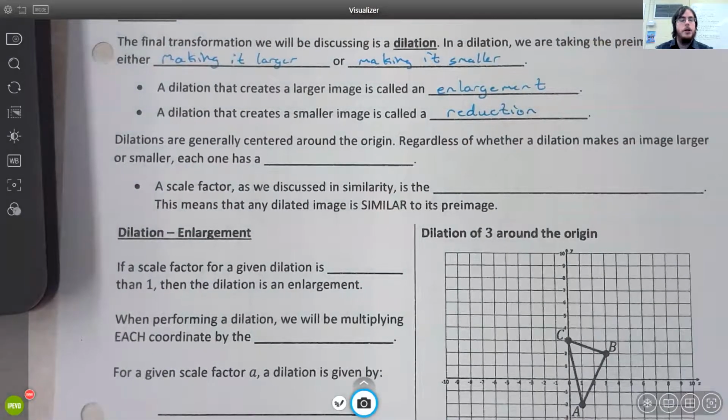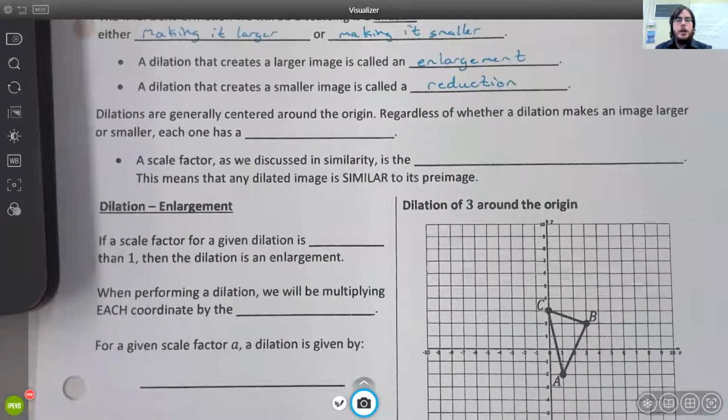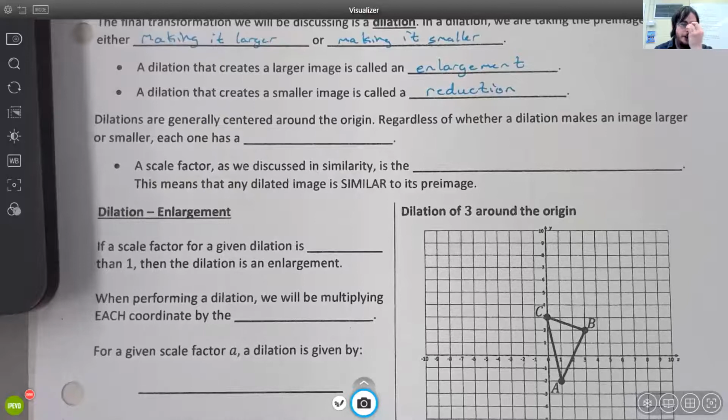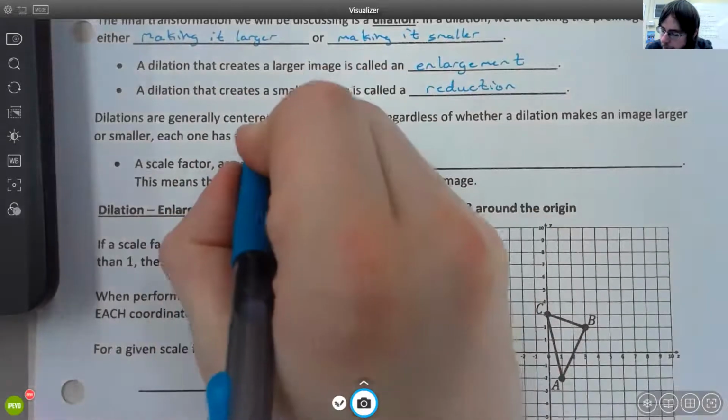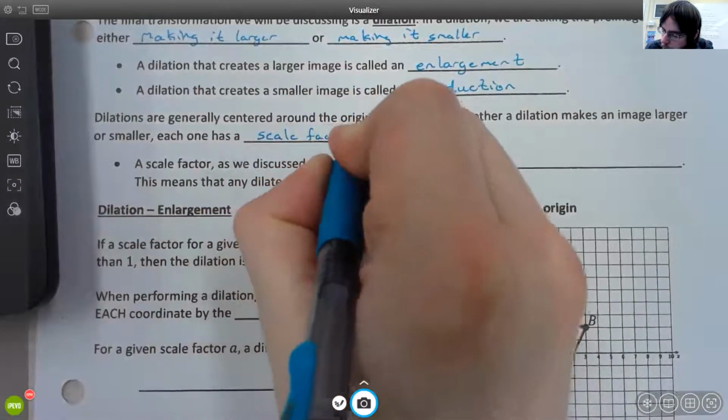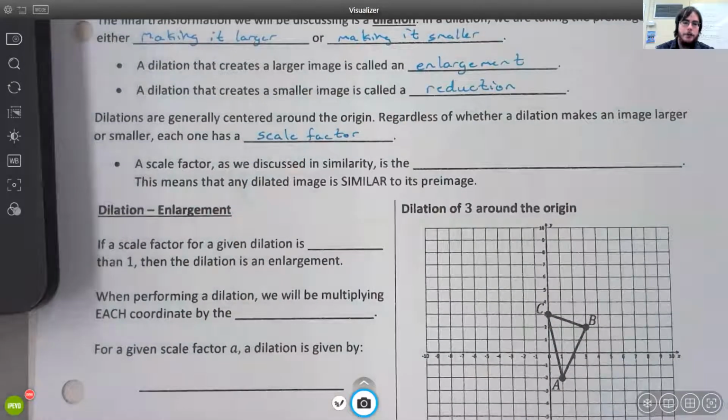Now, when we talk about the coordinate plane, dilations are generally centered around the origin. For our class, that's where they're always going to be centered. And regardless of whether a dilation makes an image larger or smaller, each one has a scale factor.